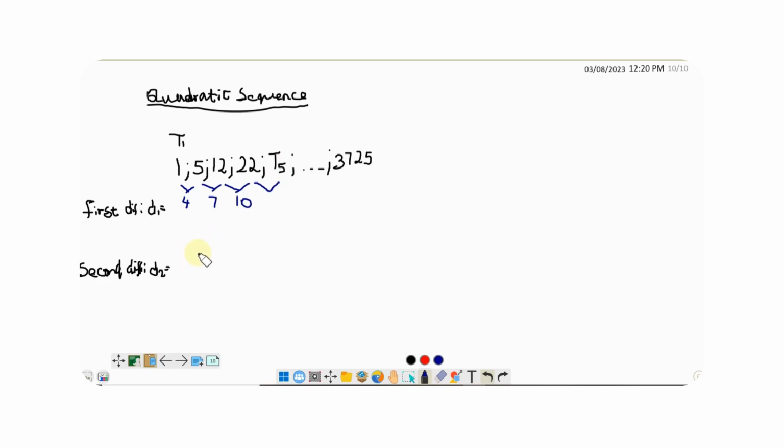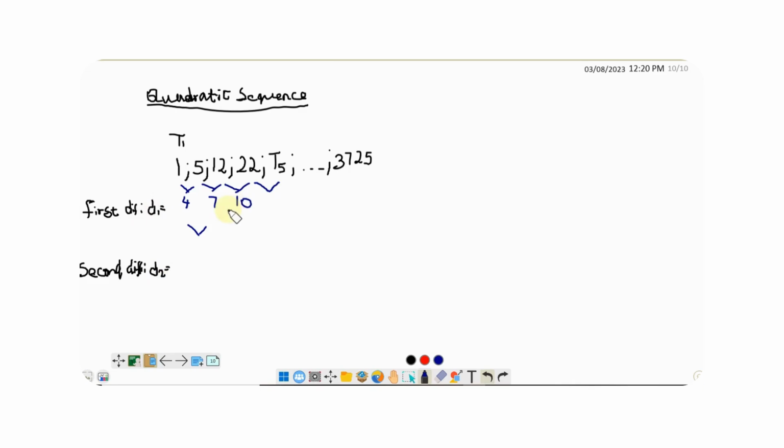And this is what you call a first difference. So the first difference is 4, 7, 10. Now after getting the first difference, we have to proceed and get the second difference. Get D1, now we have to get D2.